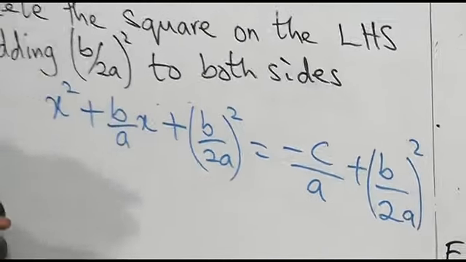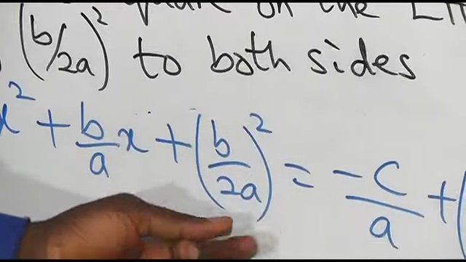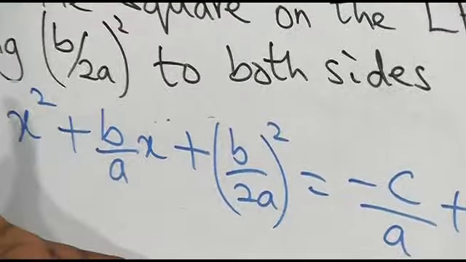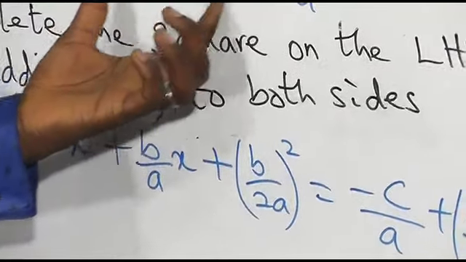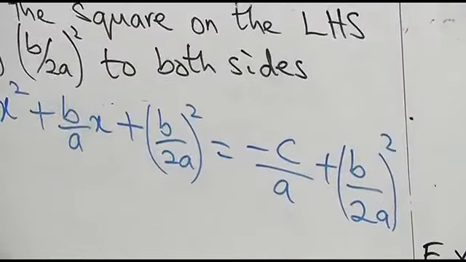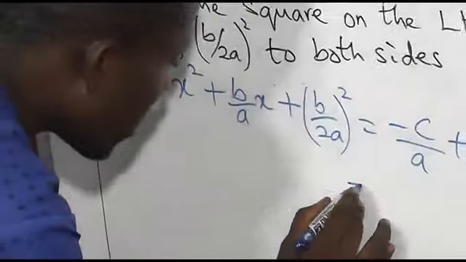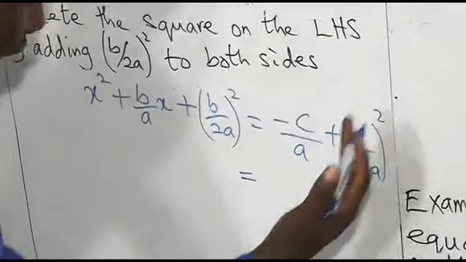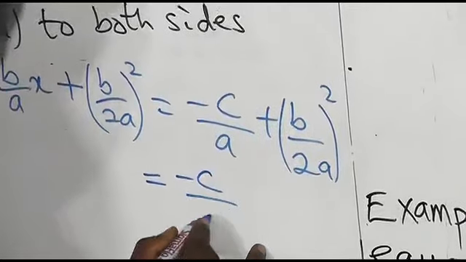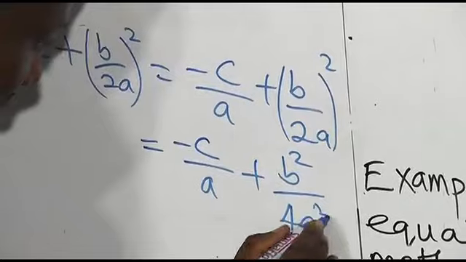Now you notice that this term, a constant b over 2a all squared, has been added to the expression on the left hand side and also the term on the right hand side. So simplifying the terms on your right hand side, you have this as minus c over a plus b squared all over 4a squared.